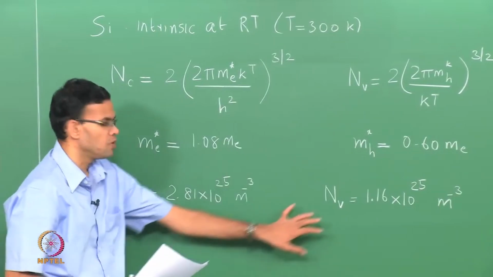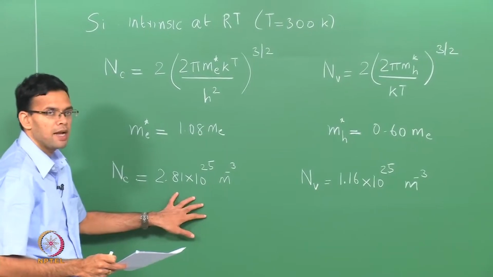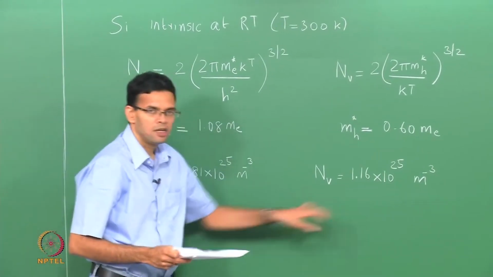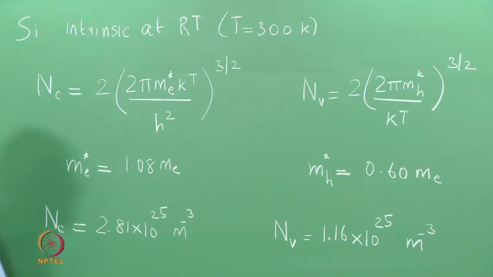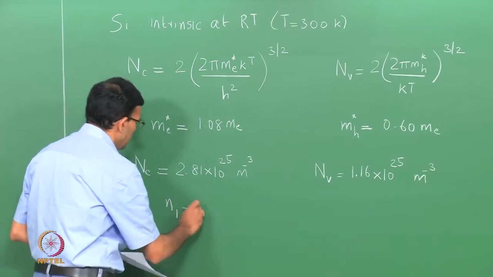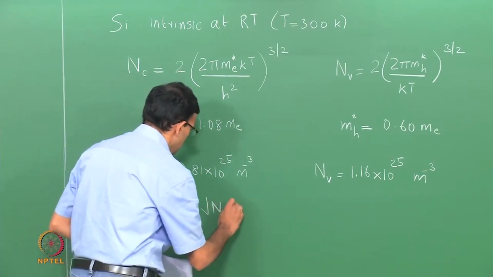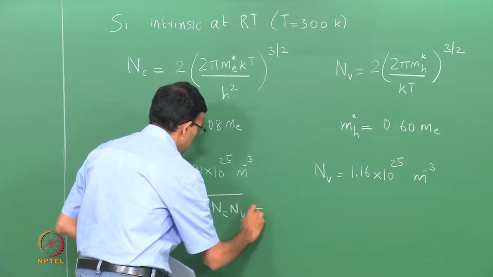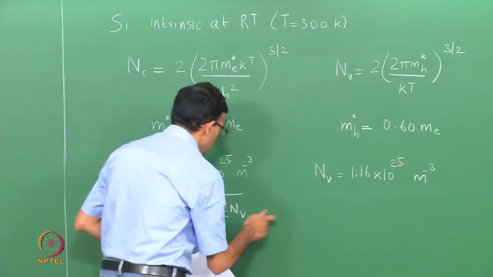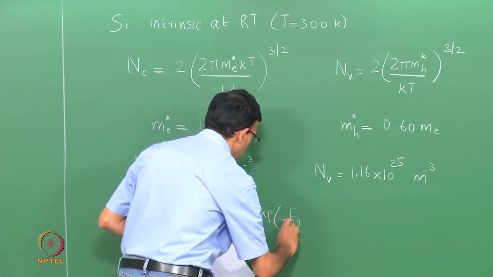So, these two represent the effective density of states at the conduction band edge and the valence band edge. Last class we saw that most of the electrons and holes are concentrated near the valence band edge and the conduction band edge. So, we can go ahead and calculate the intrinsic carrier concentration, square root of Nc Nv times exponential minus Eg over kT.